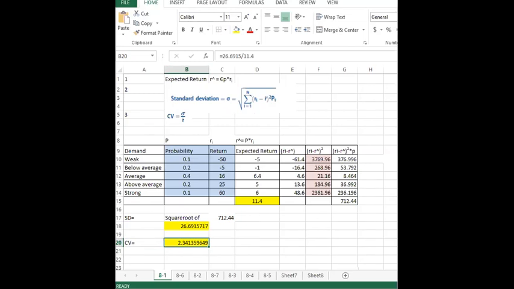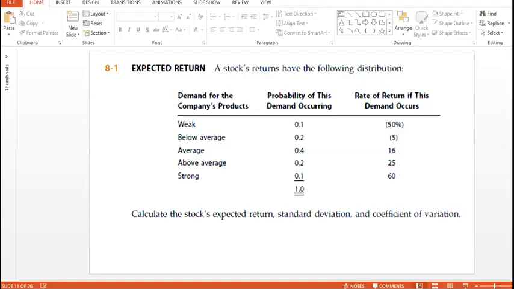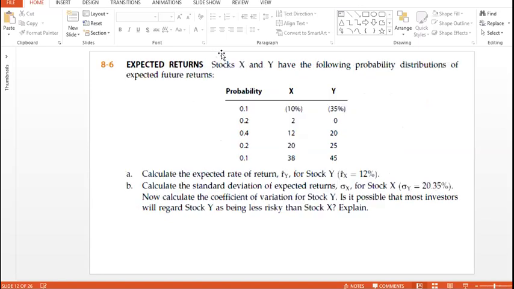The next problem is also similar. Page number 291 from your course pack, 8-6. So 8-6, here it is.